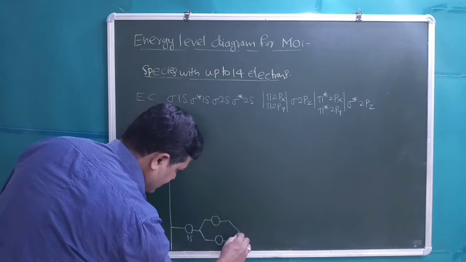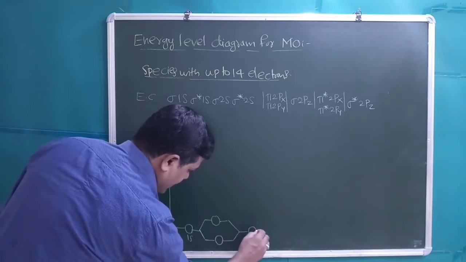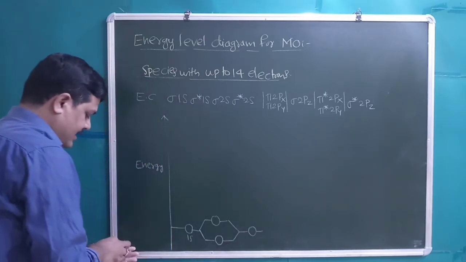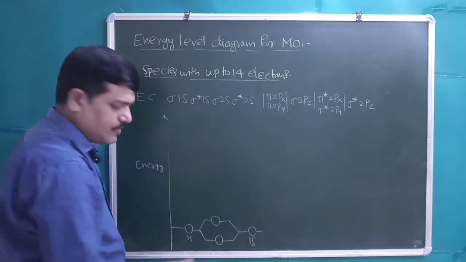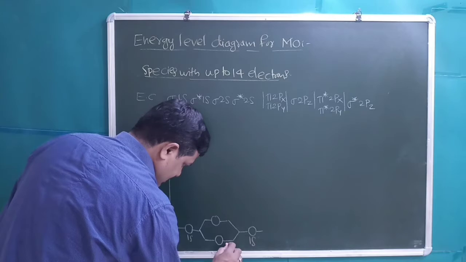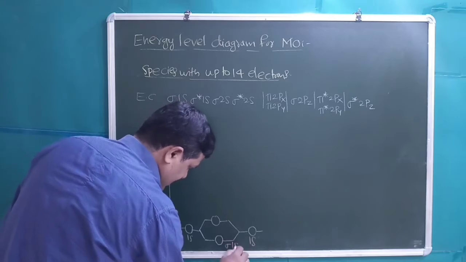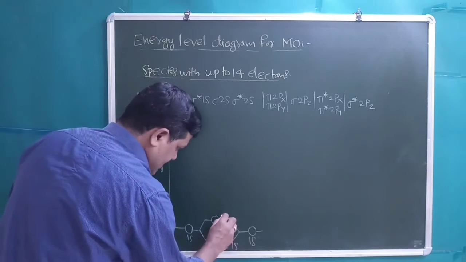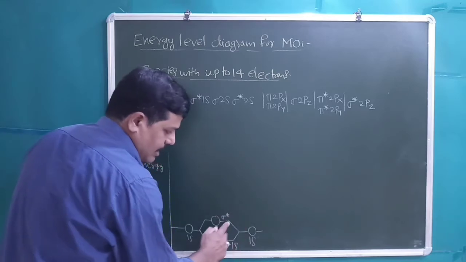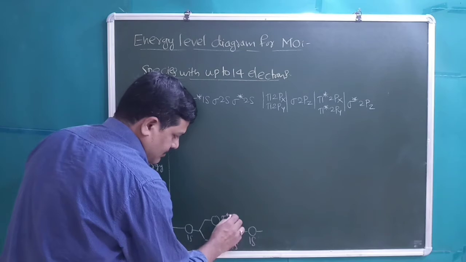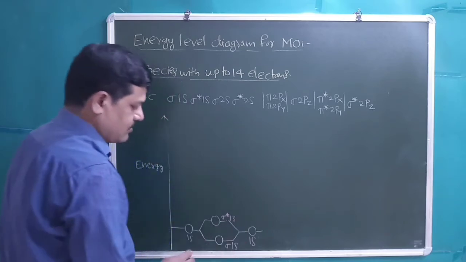One is called the bonding molecular orbital, the other the anti-bonding molecular orbital. This is the sigma 1s orbital. The top one, which has more energy than the bottom one, is called the anti-bonding molecular orbital, sigma star 1s.